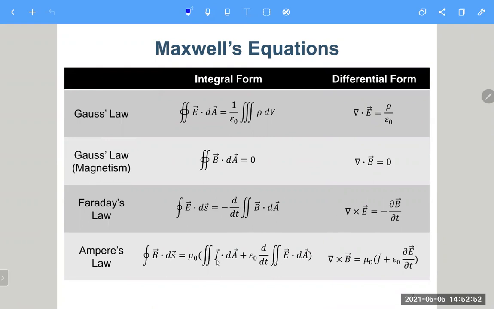So we have mu 0 j, epsilon naught, partial derivative of E, mu 0 epsilon naught times. So it's simply that we change the left-hand side integral to the curl and the divergence and the curl. Then on the right-hand side, we can just skip through all the integration.